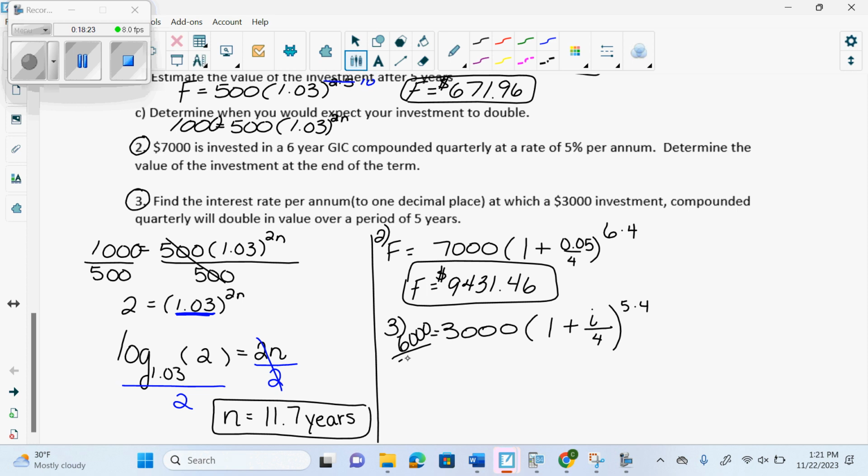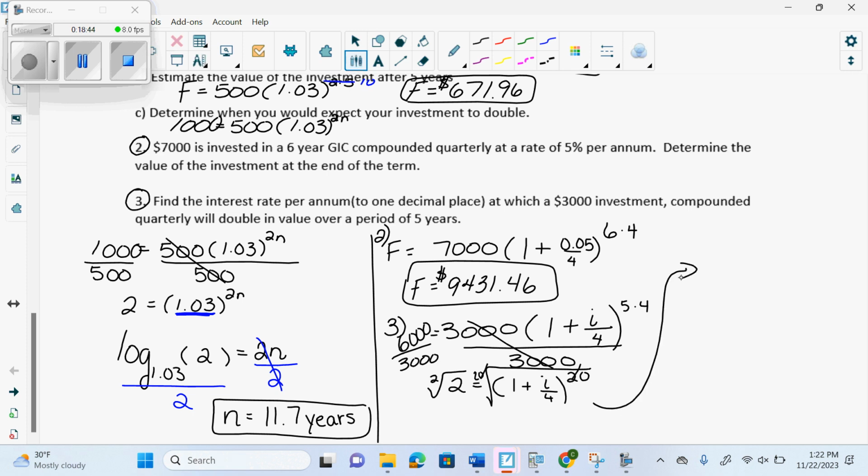So, take your own advice. Divide by 3,000, and 2 equals 1 plus i divided by 4 to the 20. And then I want to take the 20th root. So I put a 20th root, and I get the 20th root of 2 equals 1 plus i divided by 4.